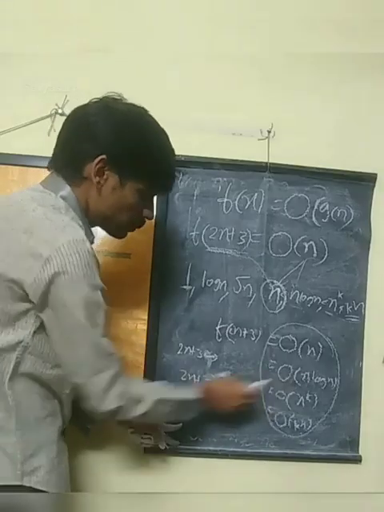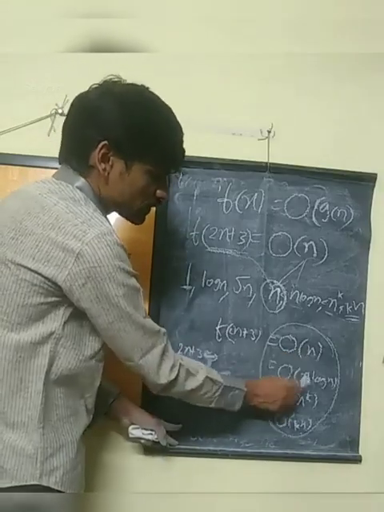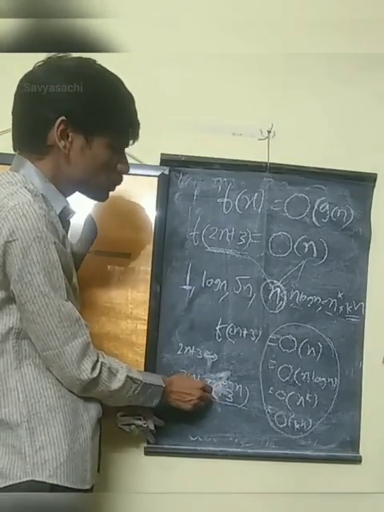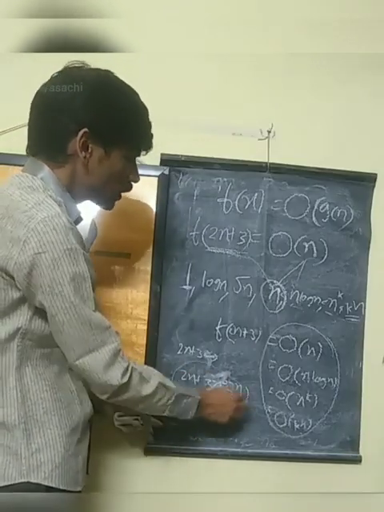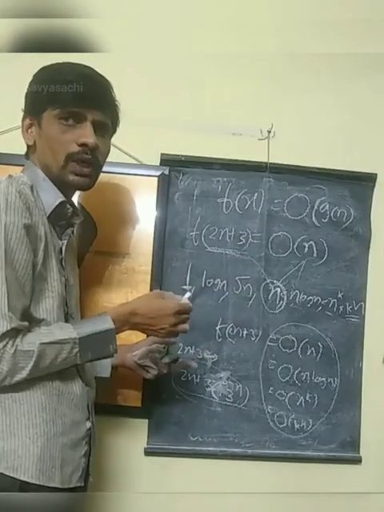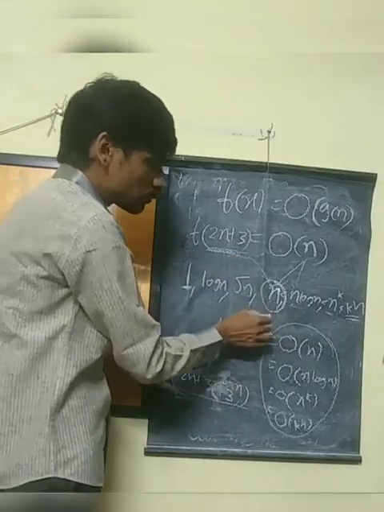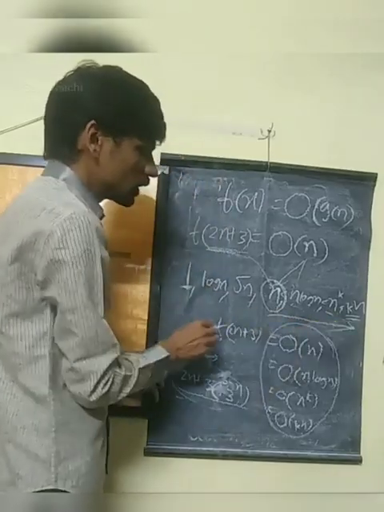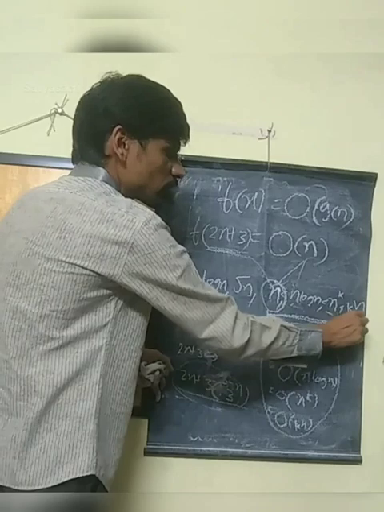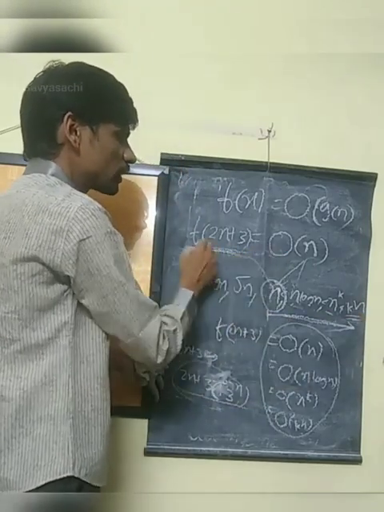When you replace one of these in your g of n, it always produces a value greater than or equal to your f of x from this point onwards. That means from this point onwards, all these functions are upper bounds for this function.